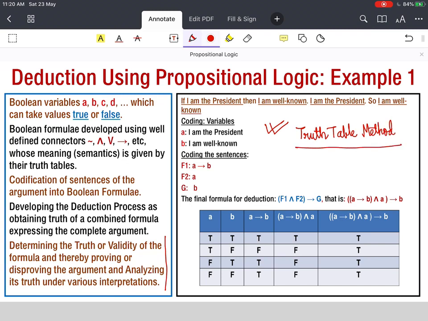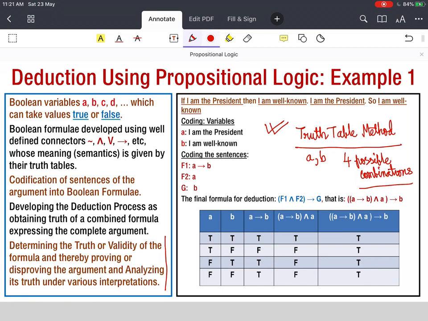The truth table method lists out the truth of the formula for all possible combinations. Since we have two variables A and B, there are four possible combinations, consisting of the values of A and B being true or false: both true, one true and one false, and both false.